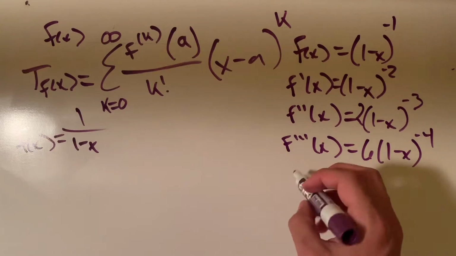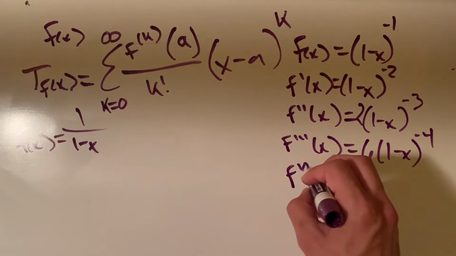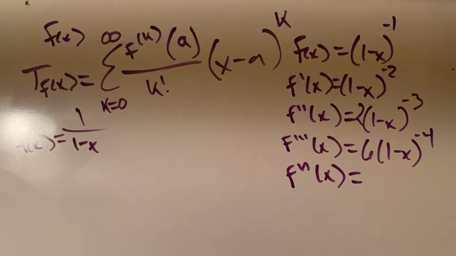The nth derivative of this would be n factorial times 1 minus x to the negative n plus 1.